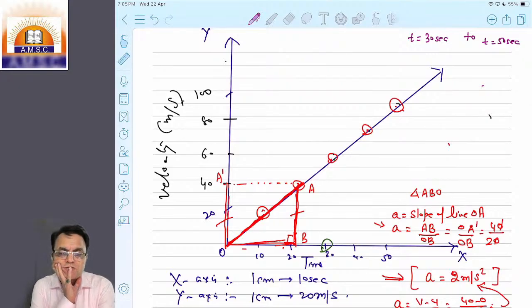Let's move ahead, 60 meter per second to 100 meter per second.